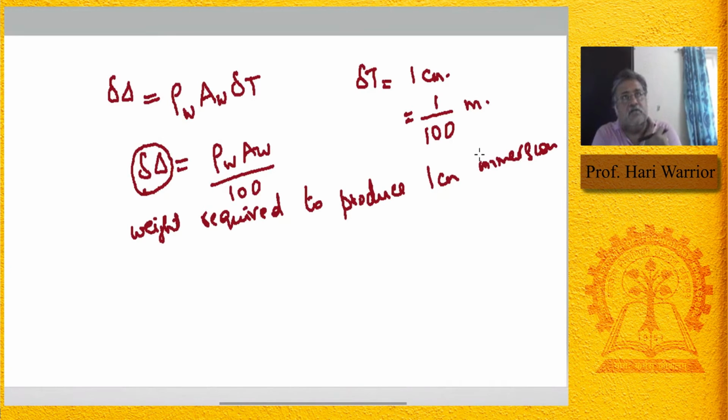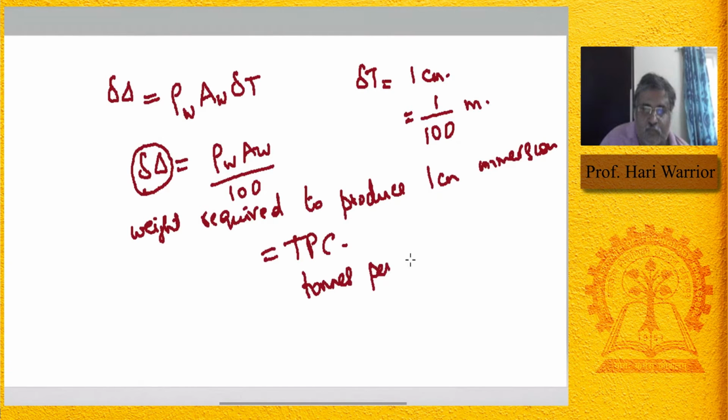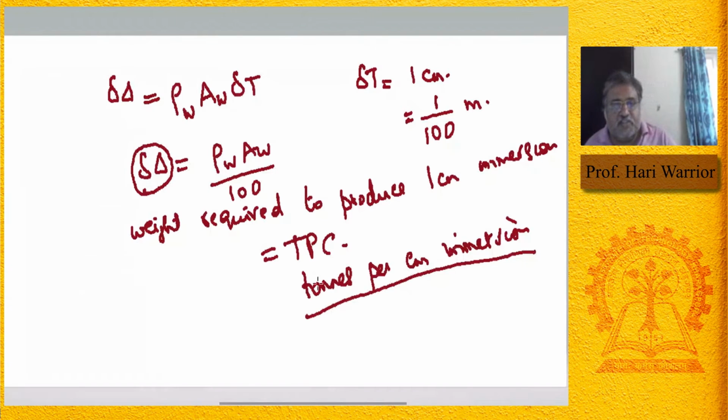Basically the weight required to produce 1 centimeter immersion is delta W. Now that the weight required to produce 1 centimeter immersion, we usually use a word called TPC, tons per centimeter immersion. Tons per centimeter immersion, which is TPC.